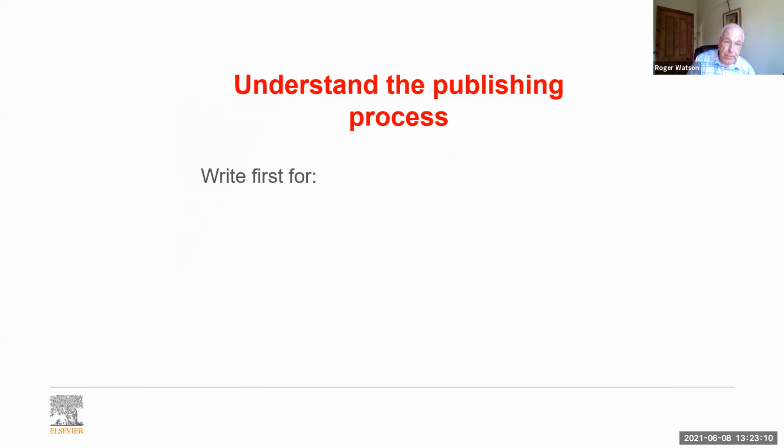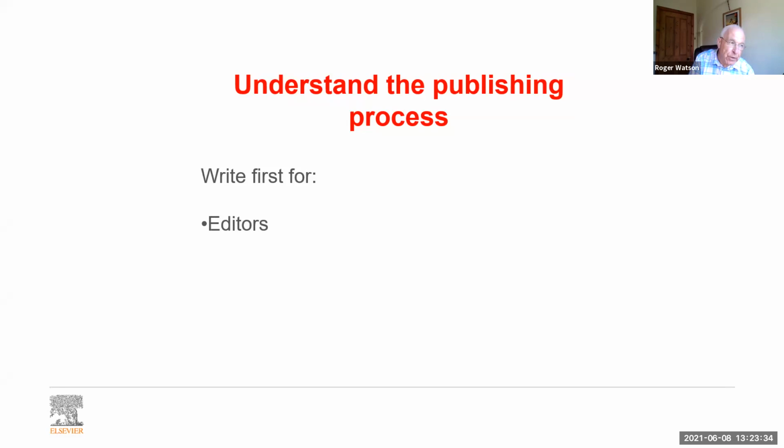So one of the best things that you can do in understanding the publishing process is understanding that you really should be writing first of all for the editors of the journal. I know this sounds a bit strange because you are writing ultimately to have your paper published and shared with a wide audience. If it's published, it's available to everyone.